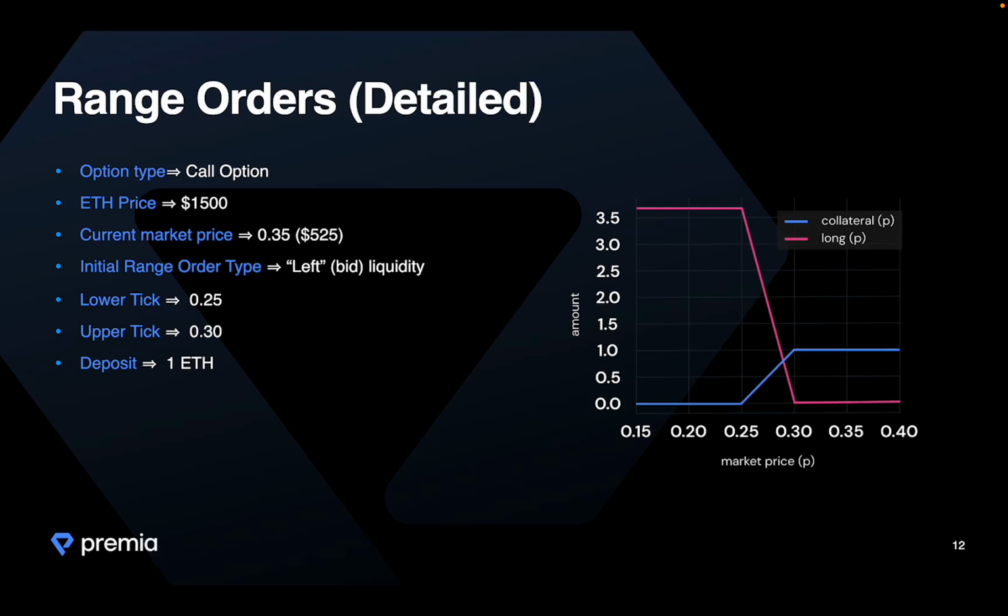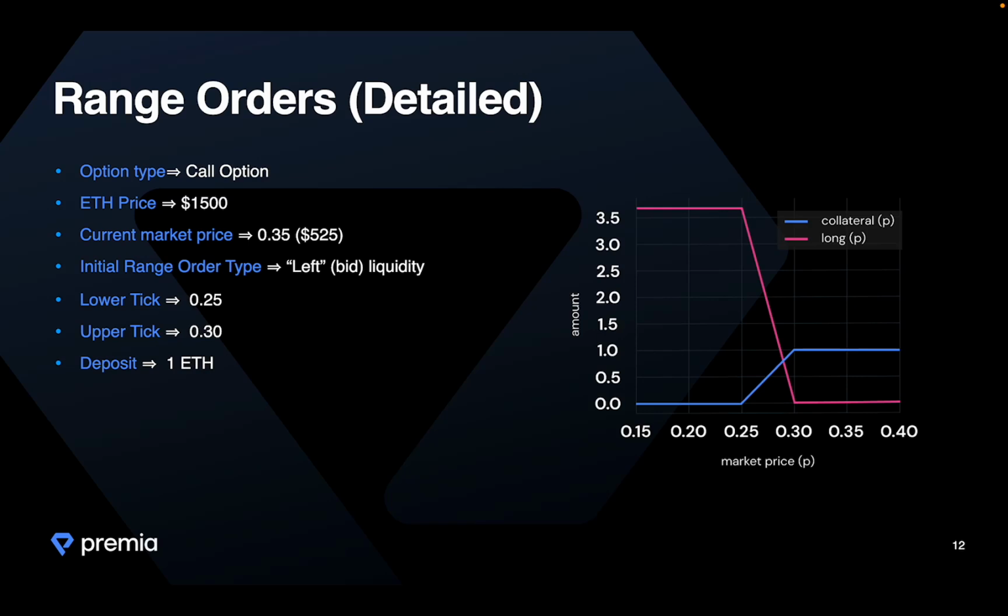Now we'll get more into the details of how this range order works. We're going to use an example where we have a call option. We're going to be using ETH again. We'll assume that the ETH price is 1,500, and the current market price for the option is 0.35.